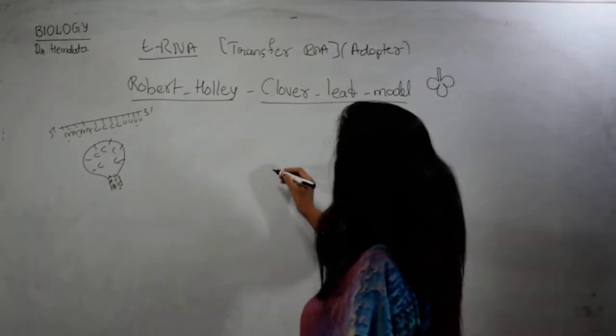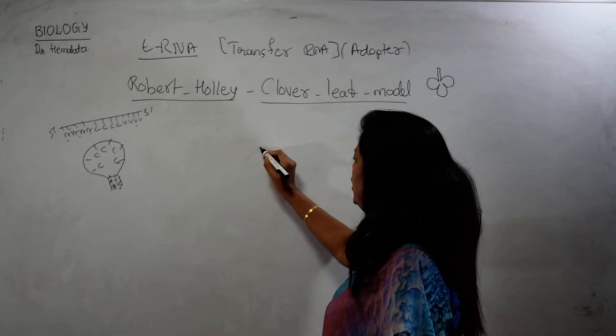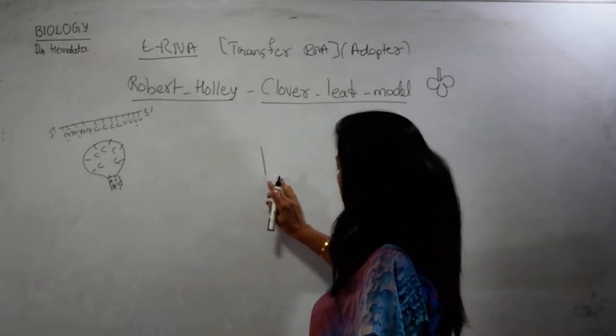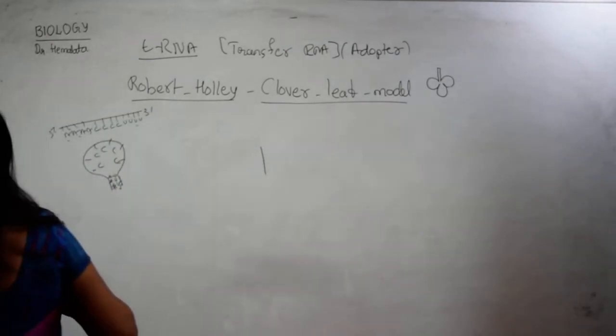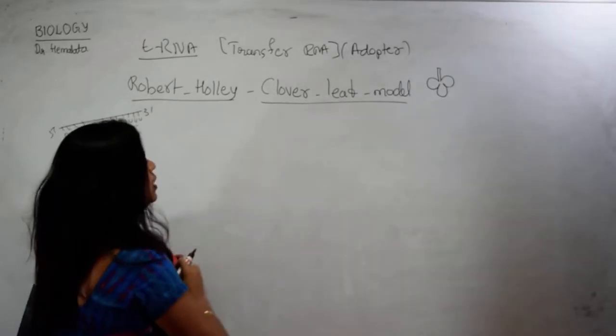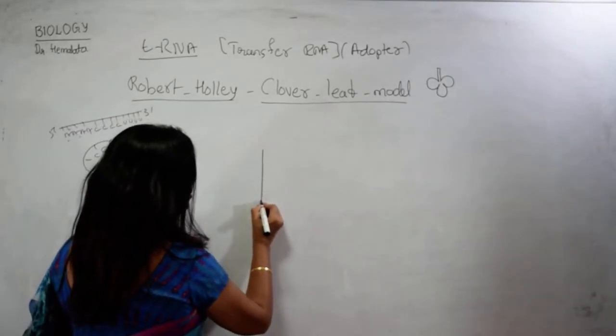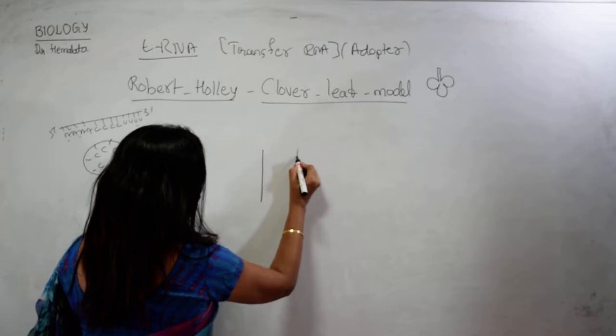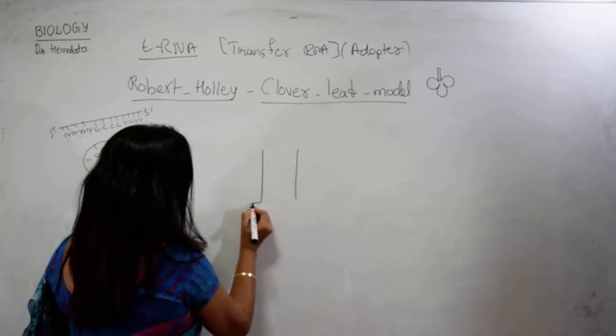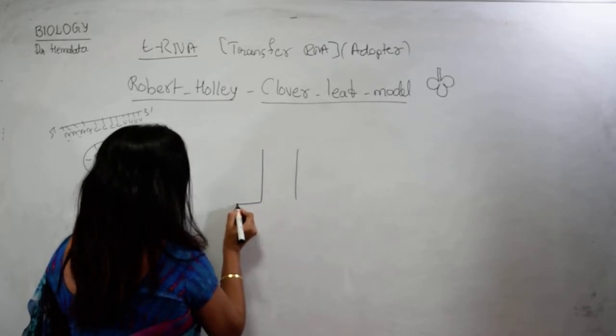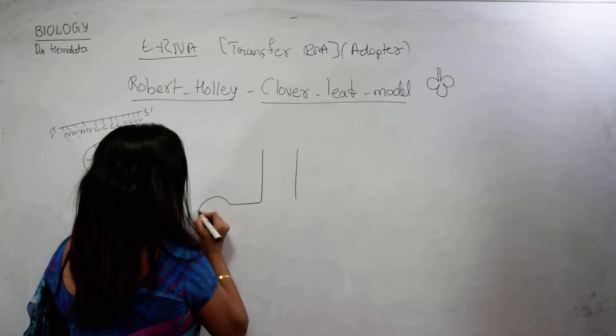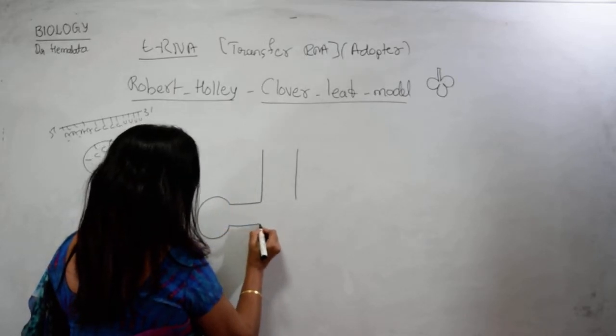Right? So how does the diagram of tRNA look? First I am showing you the strand which is called the main strand of tRNA, which will have a structure like this. This is the main strand of tRNA, and it will lead to side strands leading to the formation of loops. This is one loop.